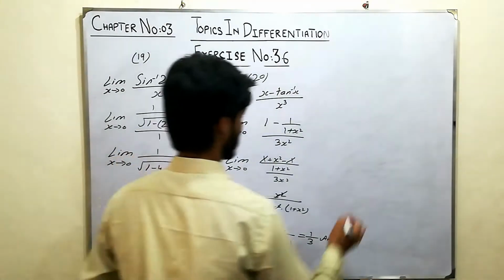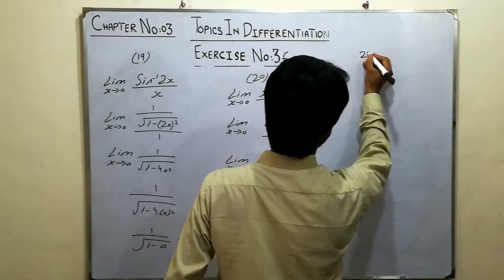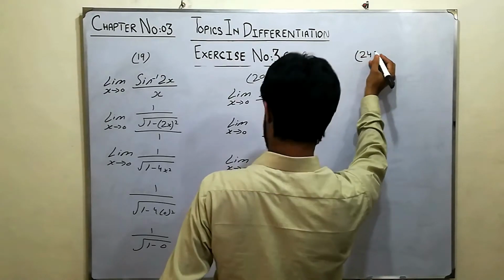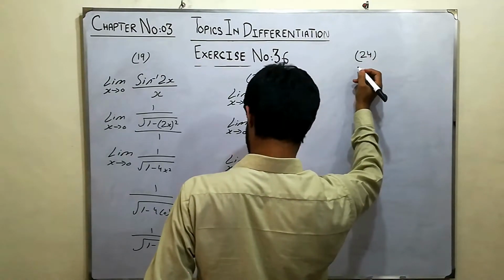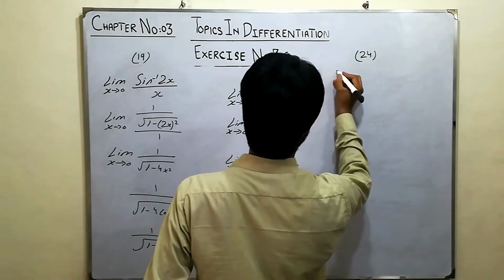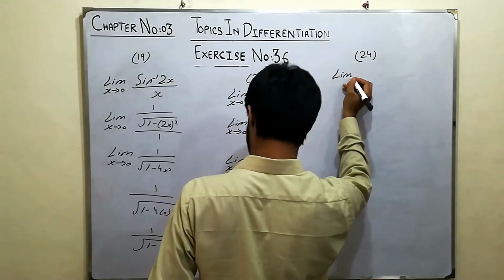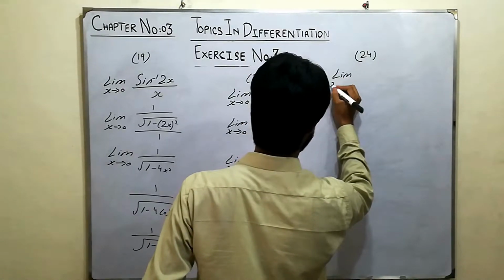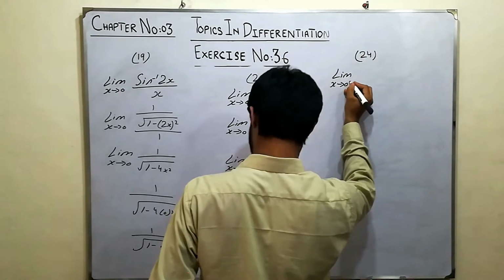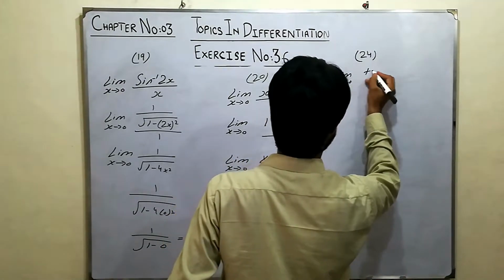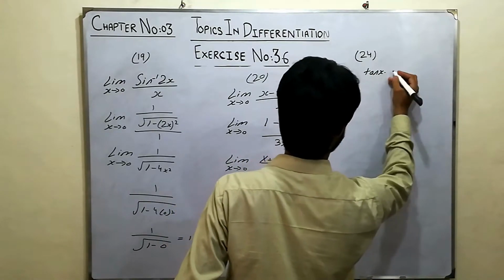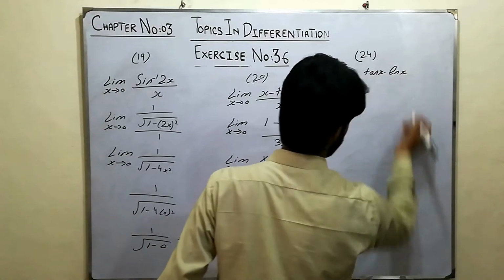Next question is question number 24. Limit x approaches 0, tan x dot ln x.